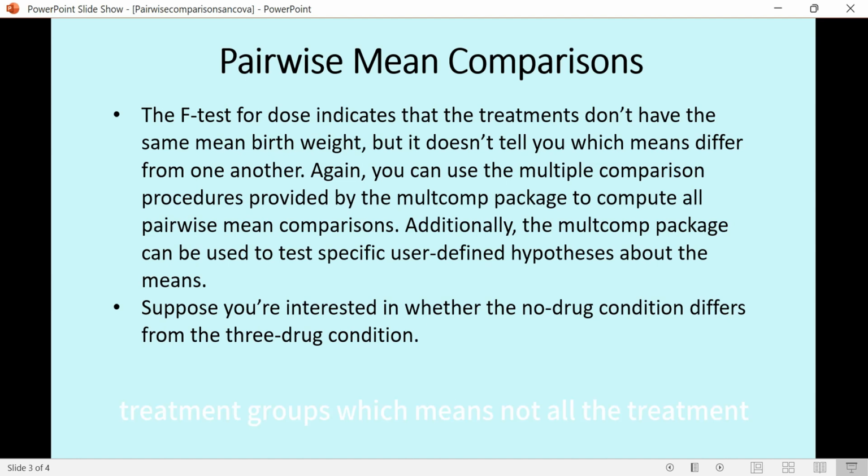This means not all the treatments have the same effects in the experiment after controlling the effects from the covariates. But we do not know which group is different from any of the other groups. So, similar to ANOVA, we can do multiple pairwise comparisons for the mean between each pair of treatment groups. Next we will show an example.